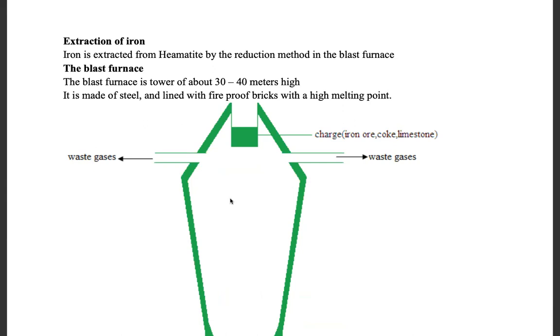For the iron ore, the hematite, calcium carbonate, and coke, why are they called the charge? Basically, these three things are called charge. What happens is that they are all loaded at the same time.